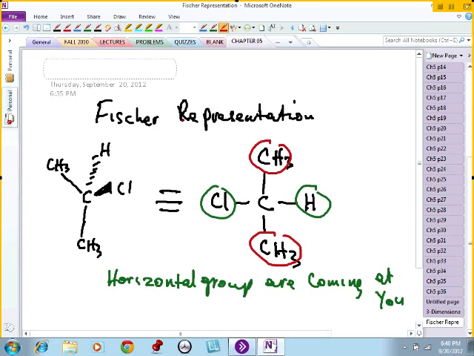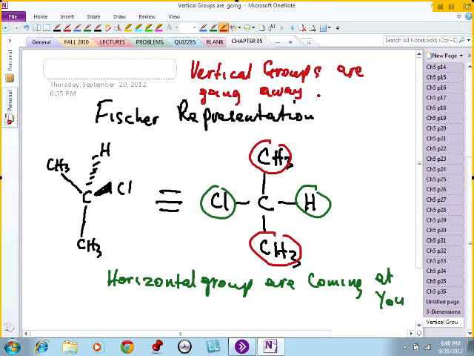So the vertical groups are going away. Okay, did I explain? Is that what you are asking me? This is very important because as we go forward in the study of stereochemistry, this is most important.